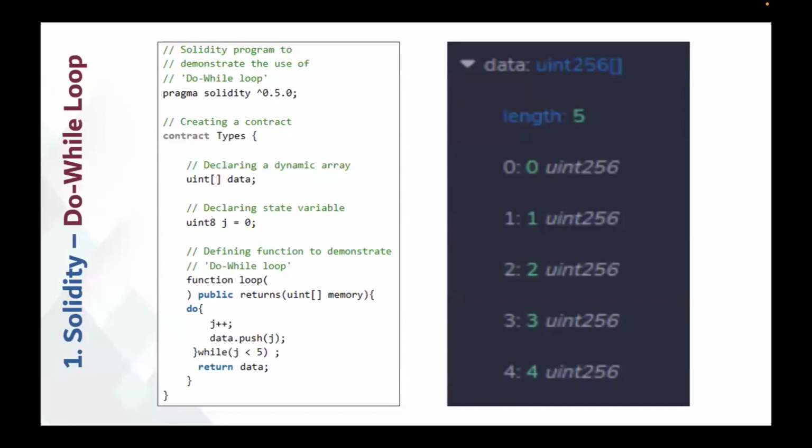In this function, we use a do while loop, and it increments j and appends its value to the data array until j is no longer less than 5. But the loop will always execute at least once before checking the condition. So the output will be, as you can see here, from 0 to 4.